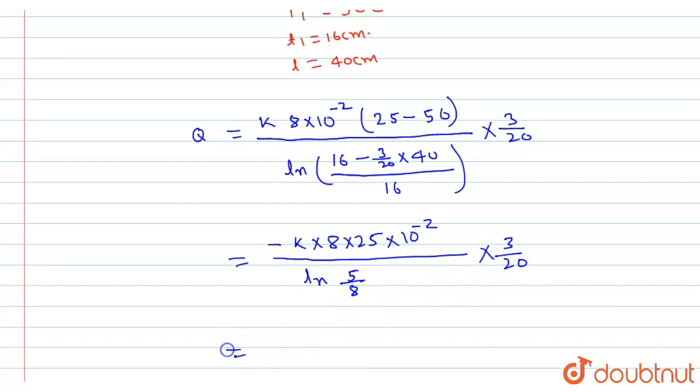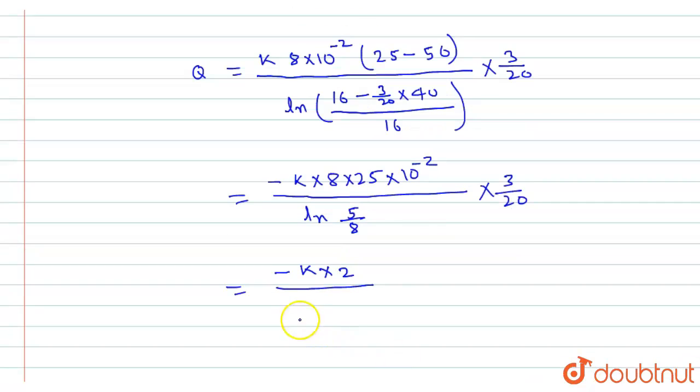Clear? Now from here this is equal to minus K and 8 and 25, that is equal to 200, and this is 10 to the power minus 2, so this is equal to 2. So this is equal to minus ln 8 divided by 5.